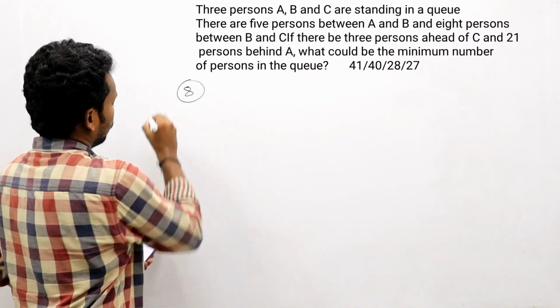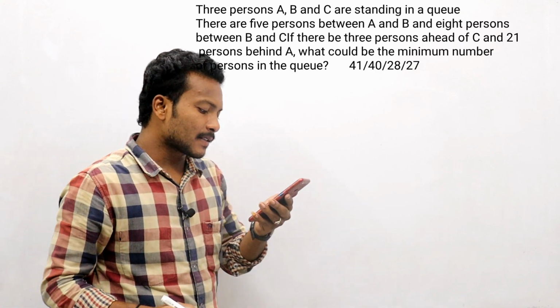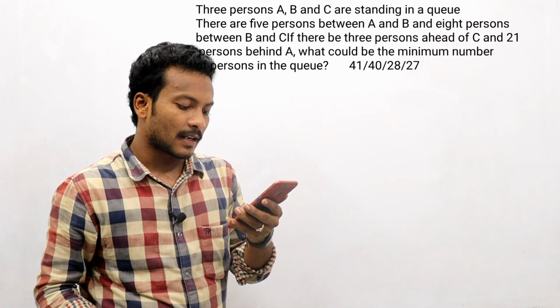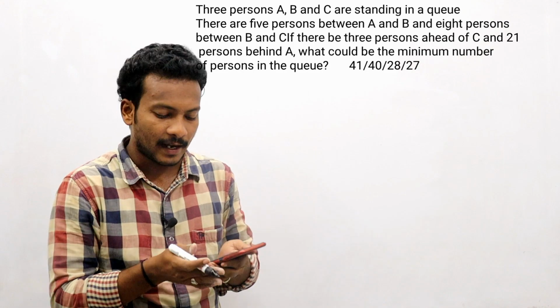Right, next question, that is the 8th one. 3 persons A, B, C are standing in a queue.